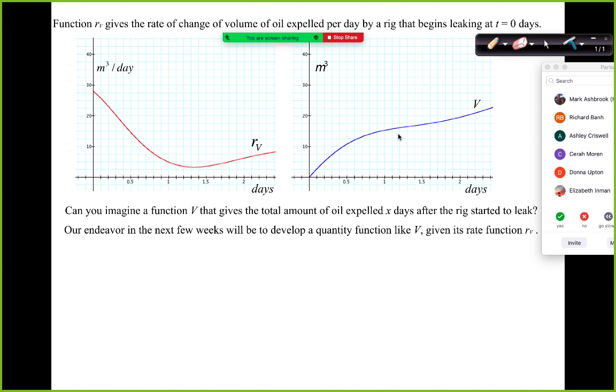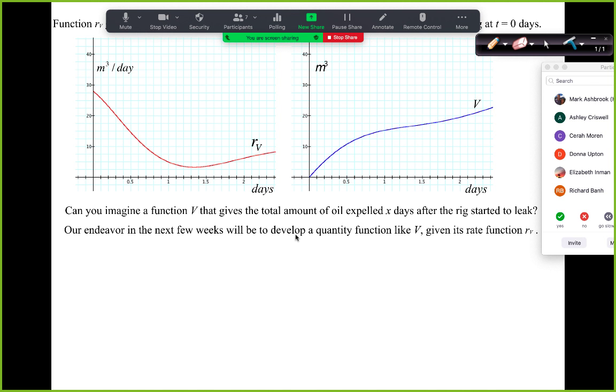Total accumulation. He wants total accumulation. And why? Because the question asked for the total amount of oil. Well, had I not asked that question and just threw this graph up here, this is the oil expelled per day.